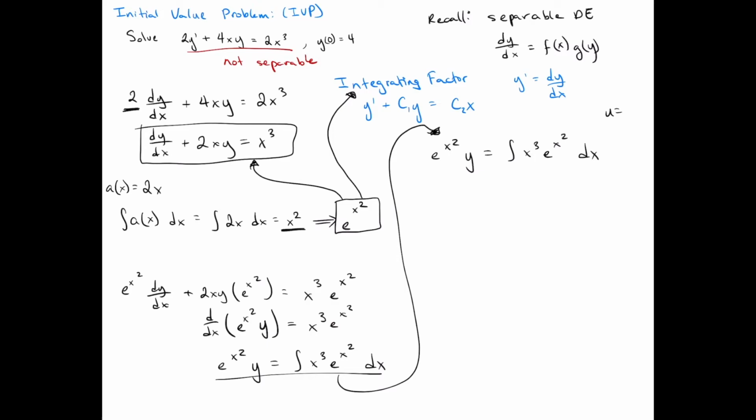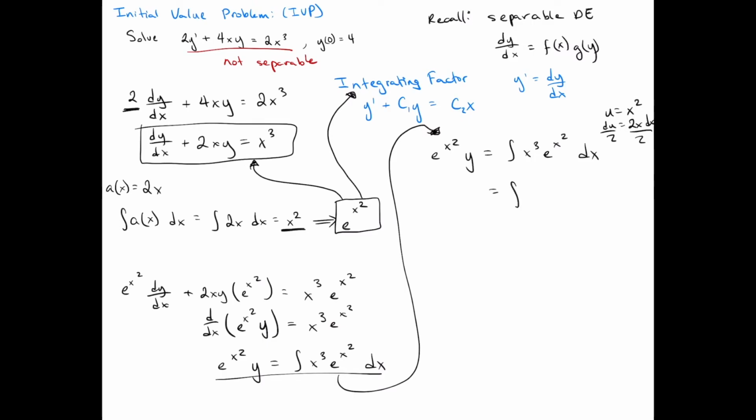So u, in this case, I will pick x squared. So du would be 2x dx. And then if we divide 2 on both sides, we get that.